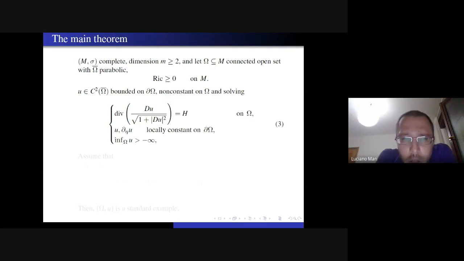Sorry, no, yeah, sorry. The function is C2 up to the boundary, non-constant because otherwise the problem trivializes, and it's bounded on the boundary and solves the problem. So it has CMC, and u and the partial derivative are locally constant on the boundary.